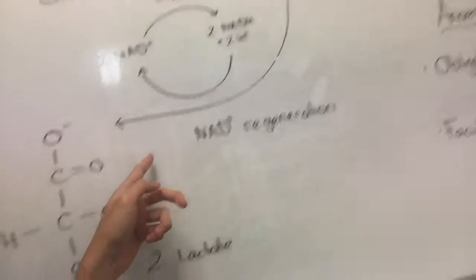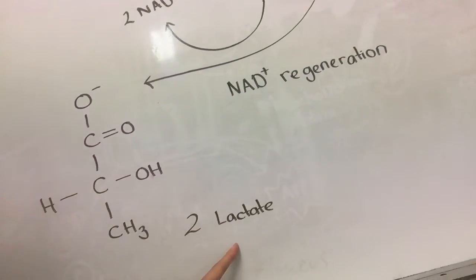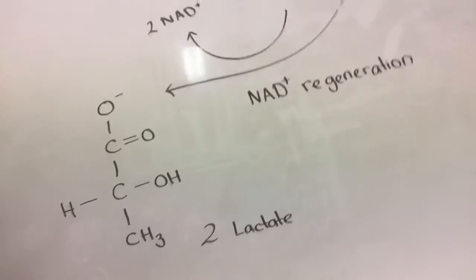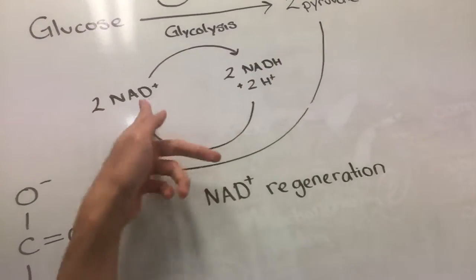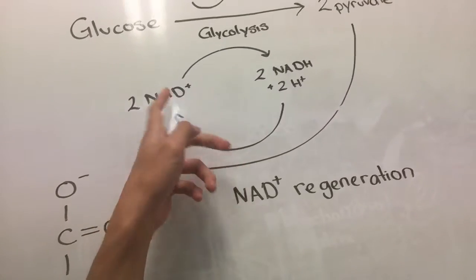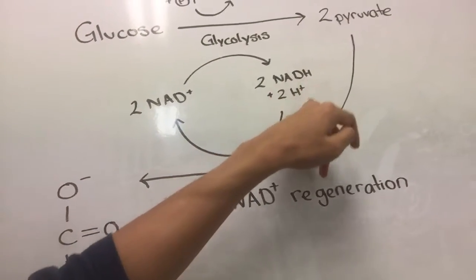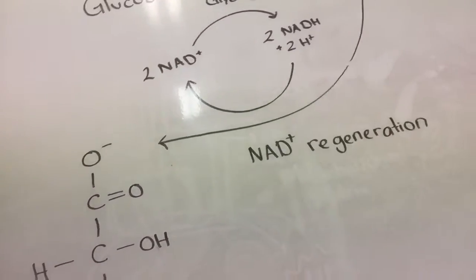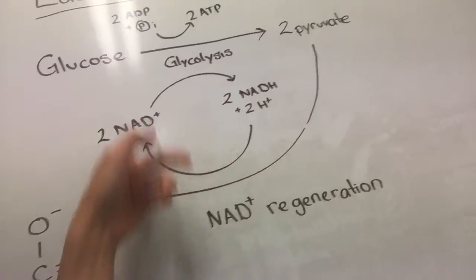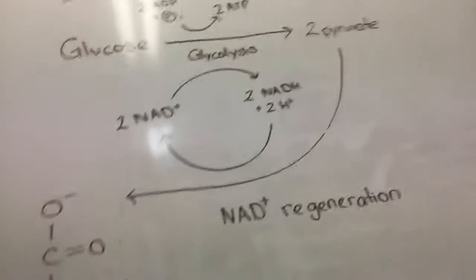It just goes straight and forms 2 lactate, which is an ionized form of lactic acid. And then the same way as before, 2 NAD+ becomes 2 NADH, and then it gives off its H+ ions to form lactate. And it just goes in a cycle, like so.